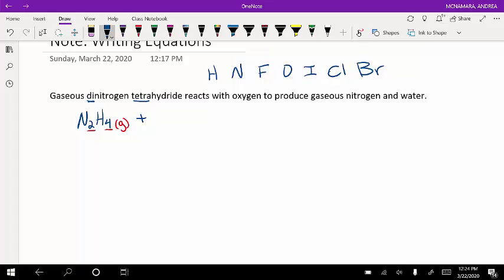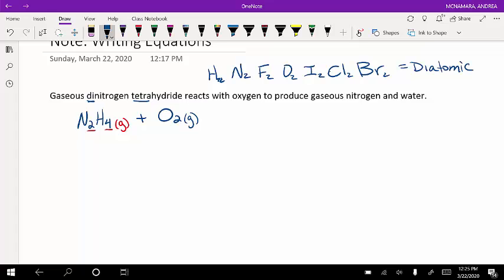So these elements, whenever you write them by themselves, they are always written as diatomic, two atoms, diatomic molecules, right? So I'm seeing that in the very first one on your worksheet because there's oxygen there. So oxygen must be written as O2, right? And again, usually it's a gas unless we know otherwise.